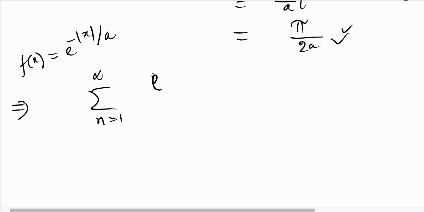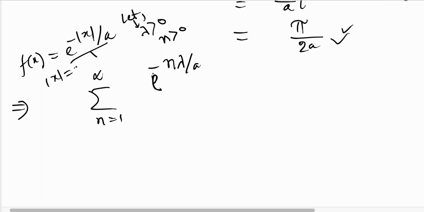Now here it will be n lambda by a, since my lambda is greater than 0, and we know that n is also greater than 0 because n is a positive integer. So basically we can write that this modulus is nothing but x, so it is e to the power minus n lambda by a, n to infinity.